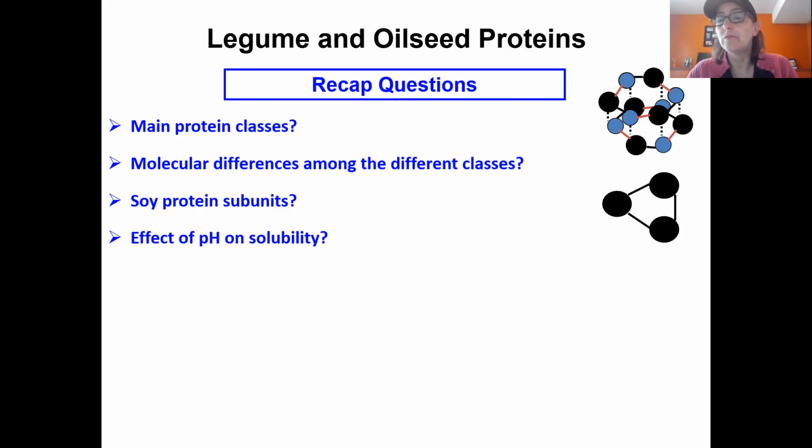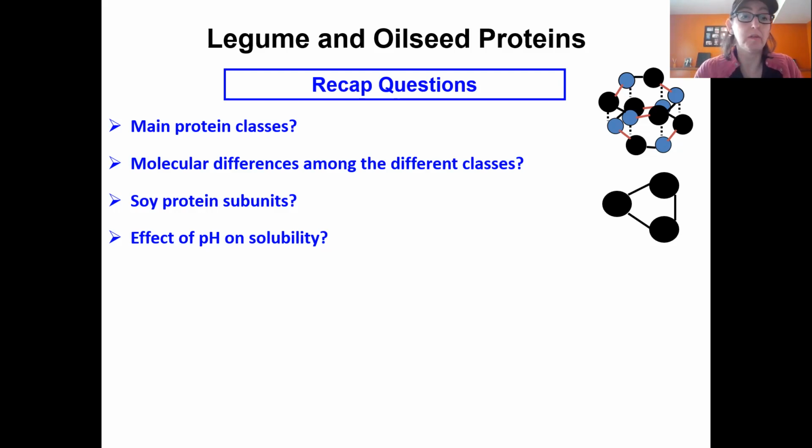So you have 7S and 11S in soy, in pea, and in chickpea, for example. These fractions differ in amino acid composition and sequence. In pea, there is another 8S fraction called convicillin. The 11S is legumin, and the 7S is vicillin.